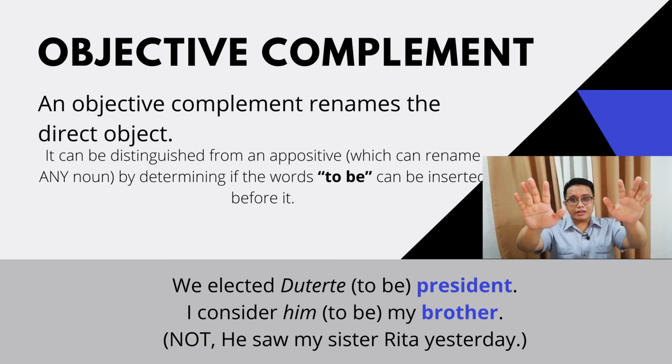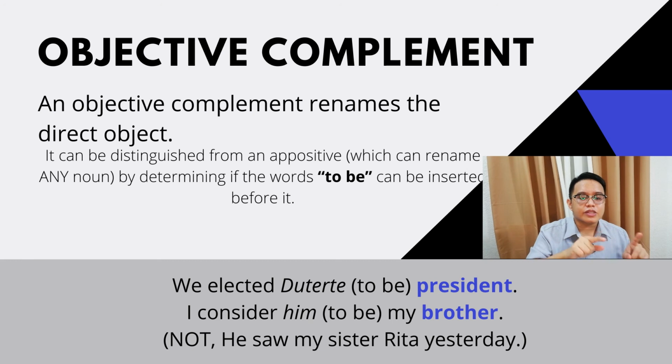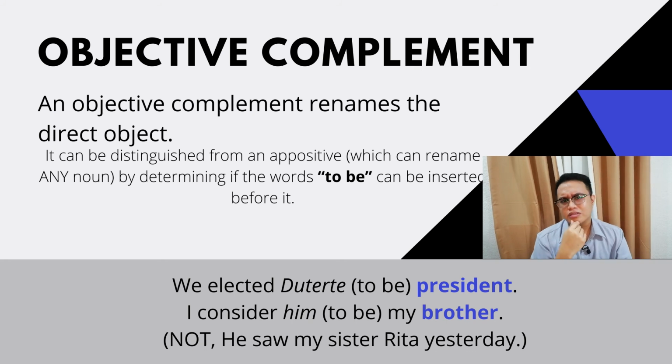But look, there's an exception. He saw my sister Rita yesterday. He saw who? Sister, right? Now, let's put the "to be" there. He saw my sister to be Rita yesterday. Does it make sense?